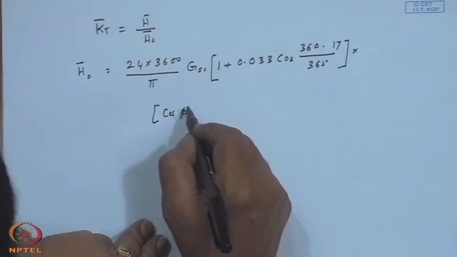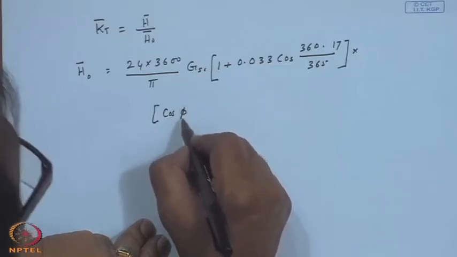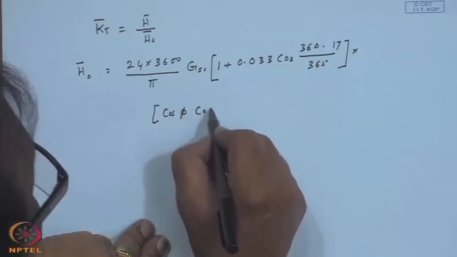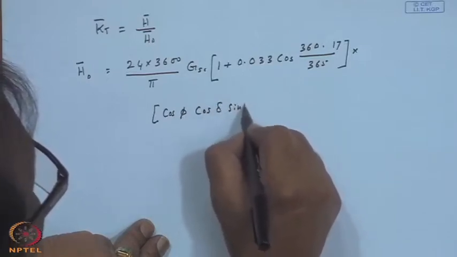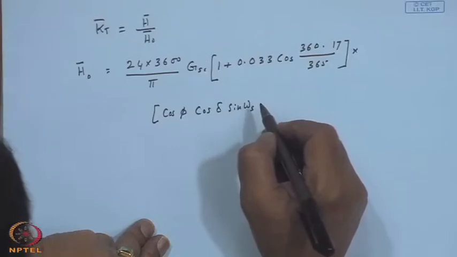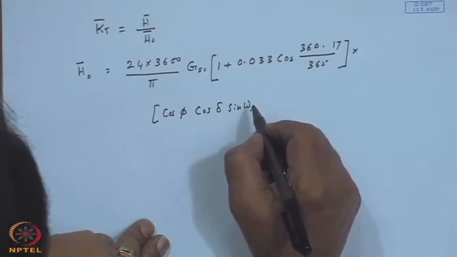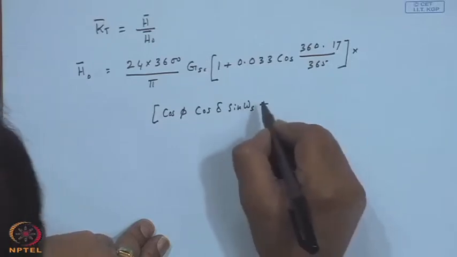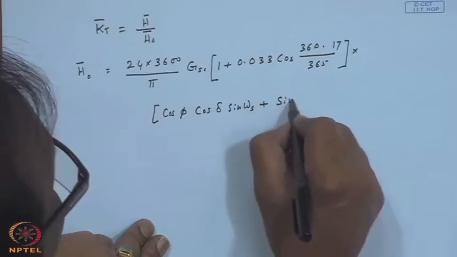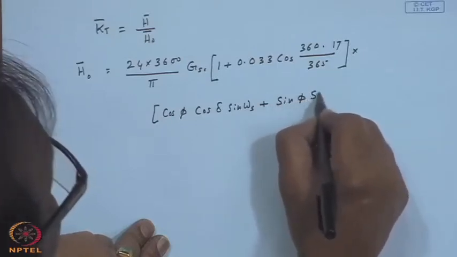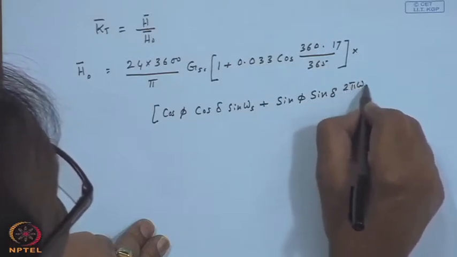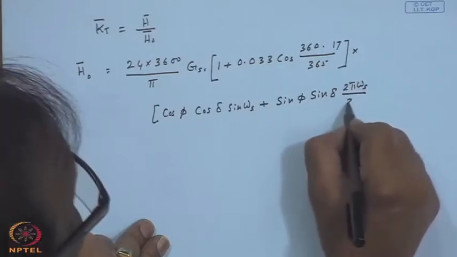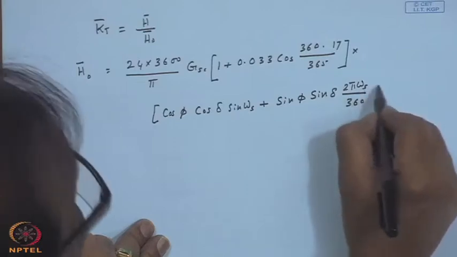Okay. Cos phi, cos delta, sin omega s plus sin phi, sin delta, 2 pi omega s by 360.